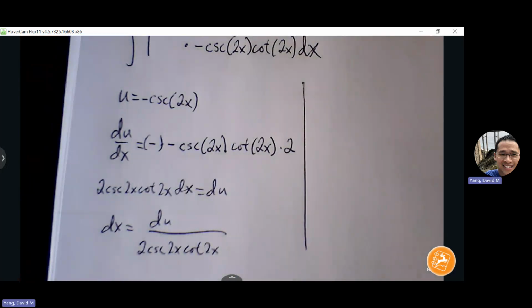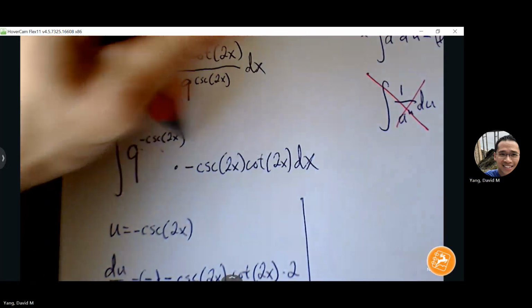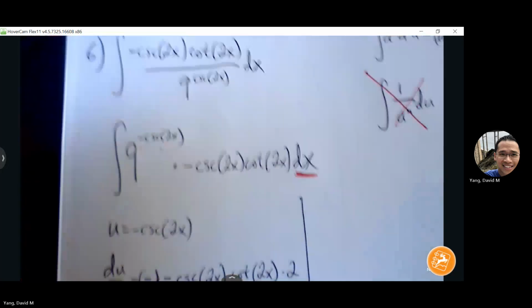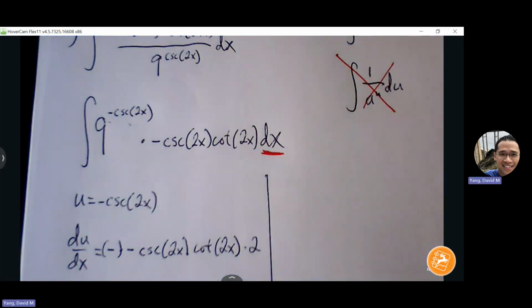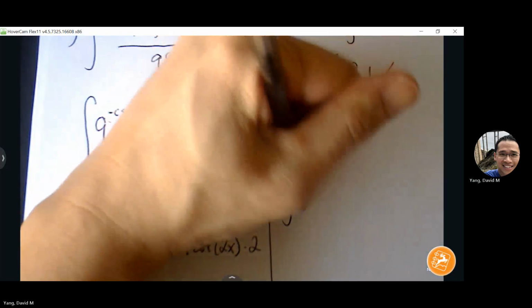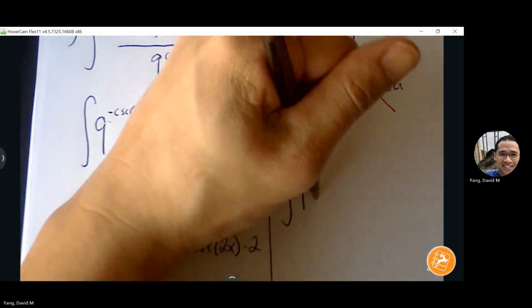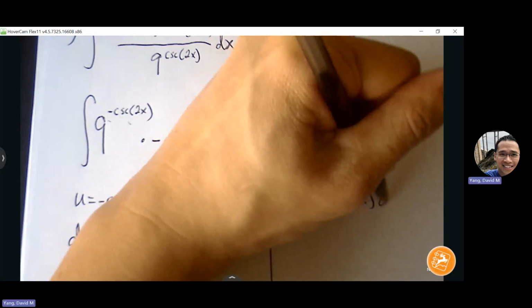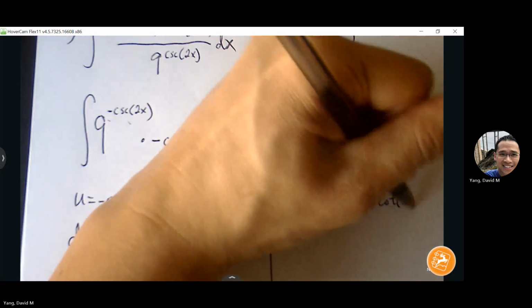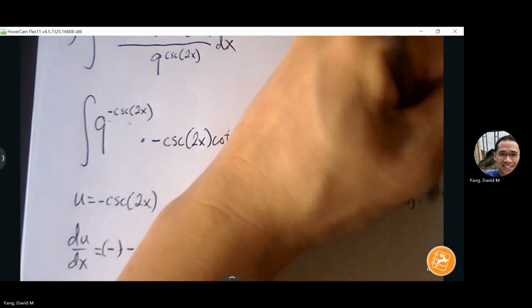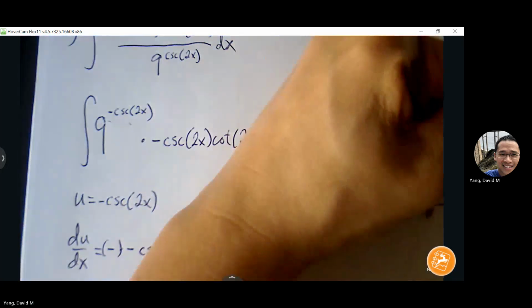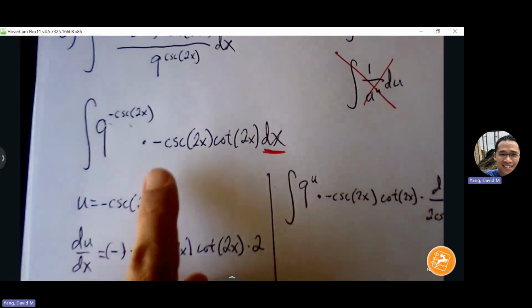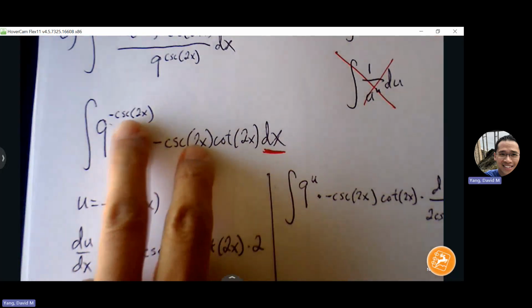Okay, we're ready to make our substitutions. Replace the exponent with u. All this should eventually cancel out. It is the same thing, but we're having to pick and choose.